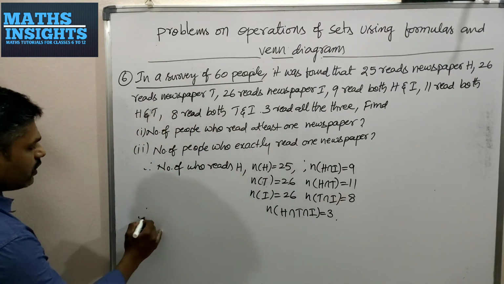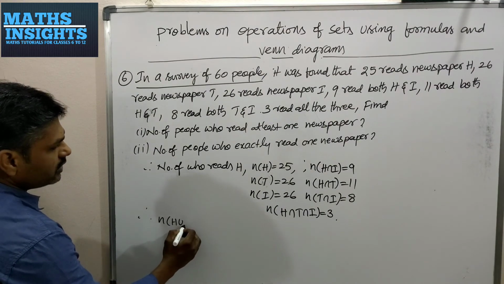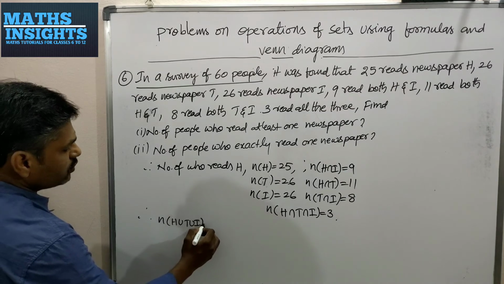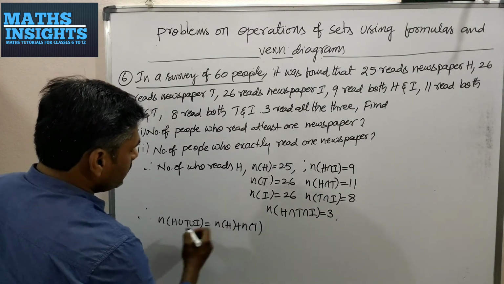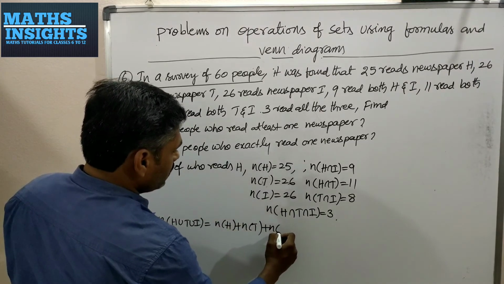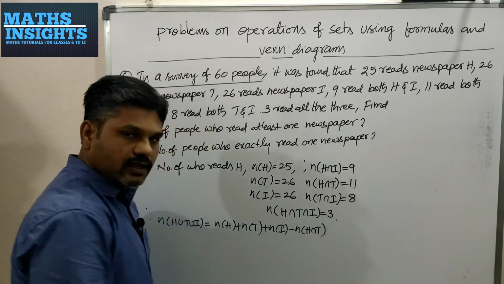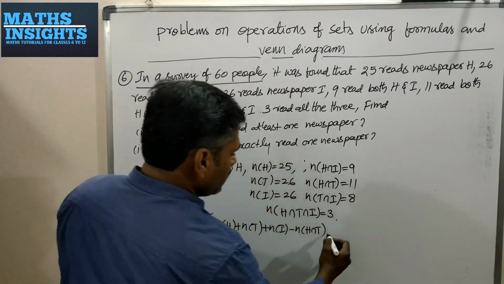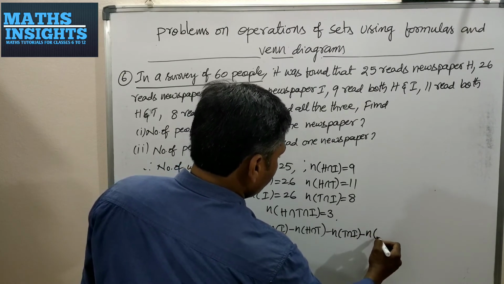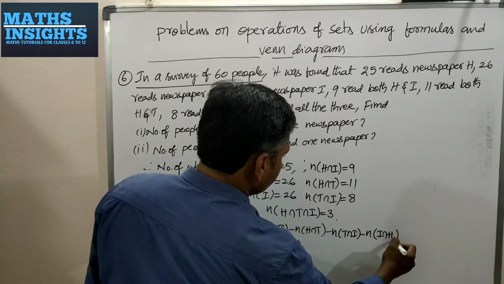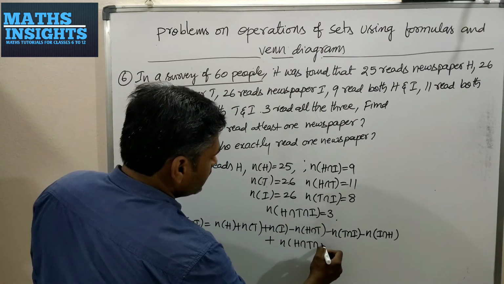You have the formula n(H ∪ T ∪ I) is equal to n(H) plus n(T) plus n(I) minus n(H ∩ T), okay, all of you know this formula, minus n(T ∩ I) minus n(I ∩ H) plus n(H ∩ T ∩ I).